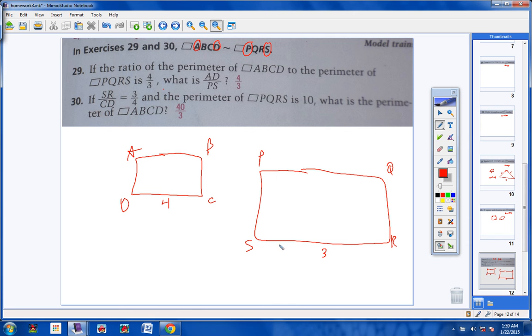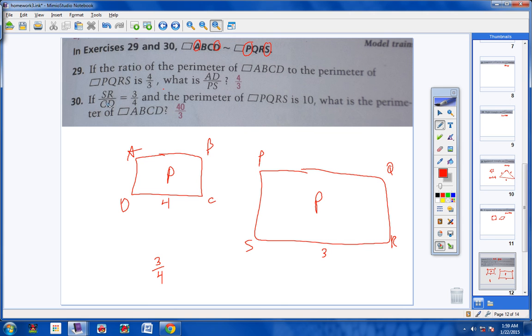Now, notice I went from this rectangle to this triangle, and the ratio is 3/4. Remember, we had a theorem that said the ratio of the perimeter of two similar polygons will equal the ratio of the proportional sides.